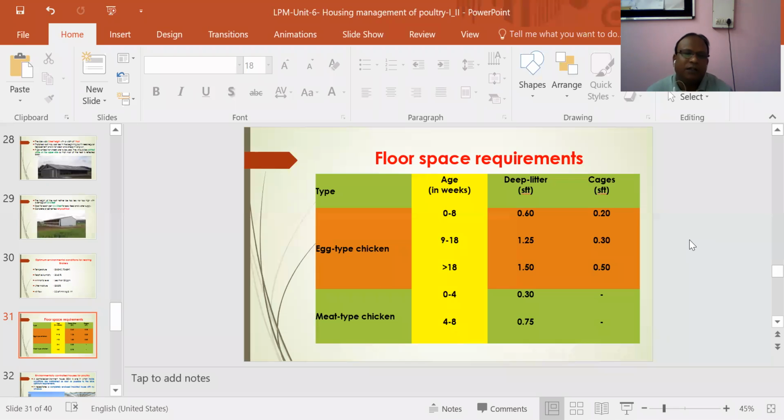For broiler, that is meat type chicken, from 0 to 4 weeks in deep litter system, it is 0.3 square feet per bird, and from 4 to 8 weeks, 0.75 square feet per bird.